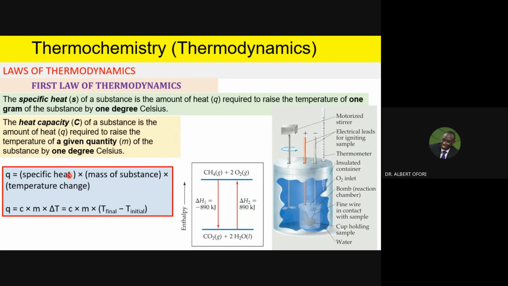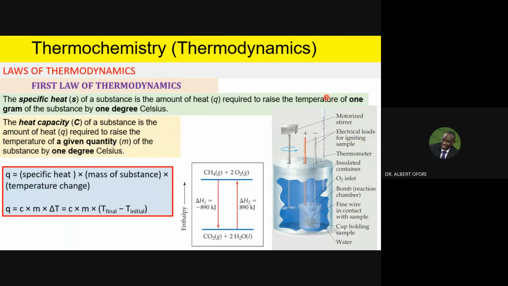So the specific heat capacity of that body times the mass of that body times the temperature change is what we are calling heat. So the temperature, we are going to be moving from one point to another, and the difference will give us the change. And that's what we call measurement of heat.